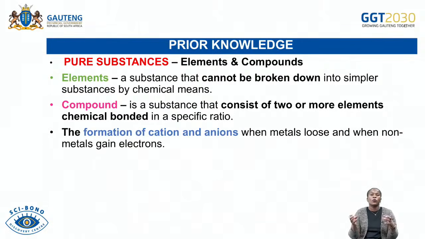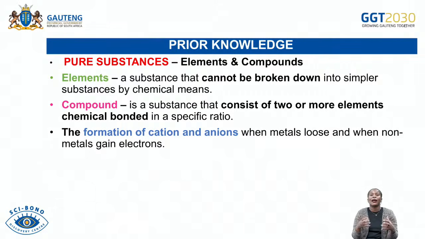So we're going to be using more of the terms element, compound, pure substance, and all of that. Now, when a substance is decomposed, or it is ionized just in water, it forms ions. Now, ions can be in two forms. We can have a cation or we can have an anion.